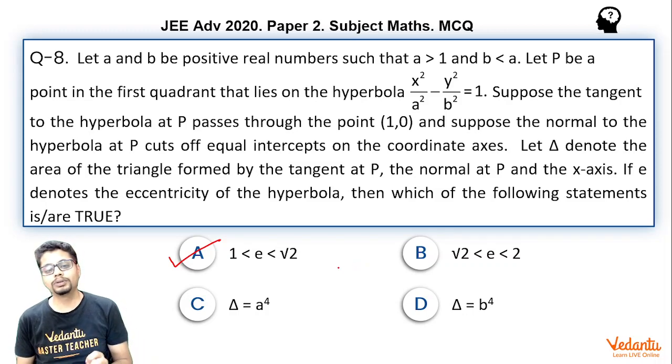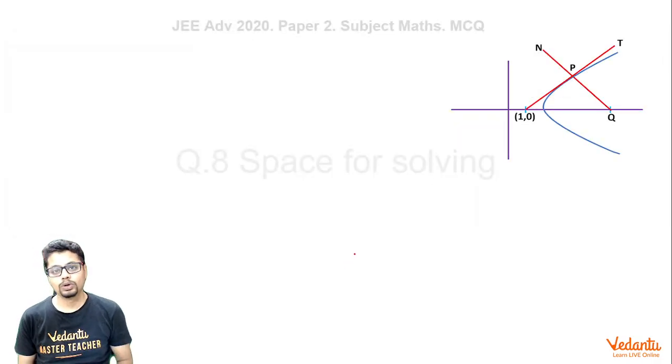Now let's talk about the C and D options. Note that here delta is in terms of A and B. Option C is delta is A to the power 4. Option D is delta is B to the power 4. Now what do we know? We know that the tangent passes through the point (1, 0). We also know that the normal has equal intercepts on the coordinate axis.